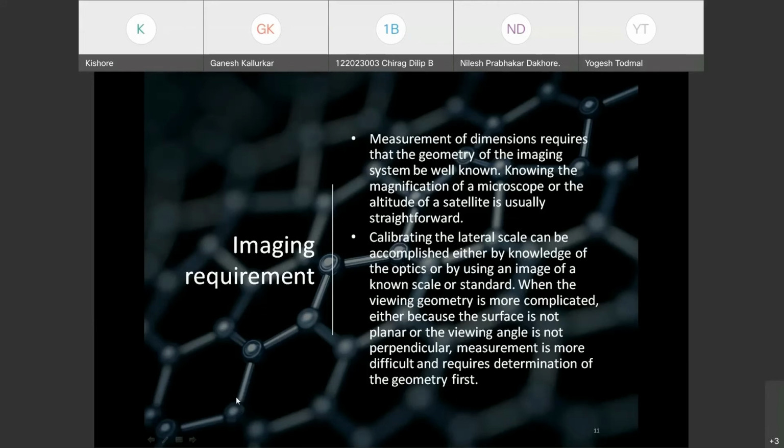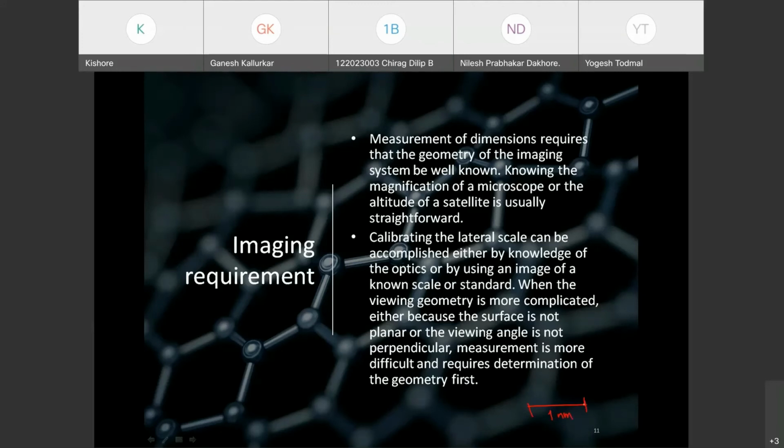So first I have to understand what the focus is, how much focus I have used, and then I need to have a comparative scale. You must have seen in some images that they provide a scale below the image, which says that if you go from this distance to this distance, it represents 1 nanometer.